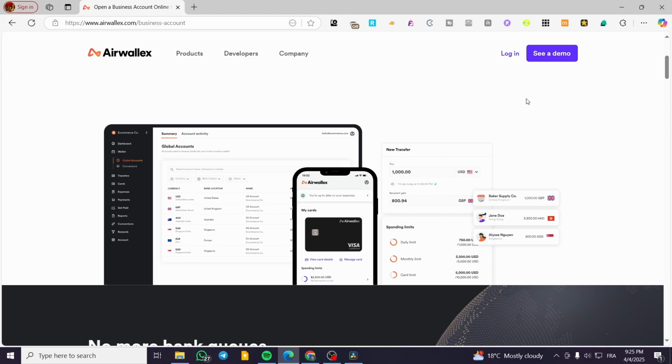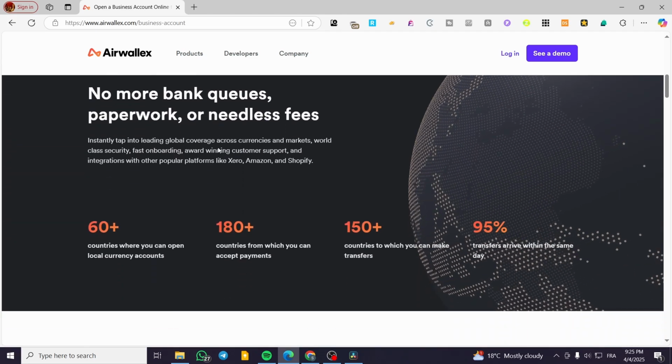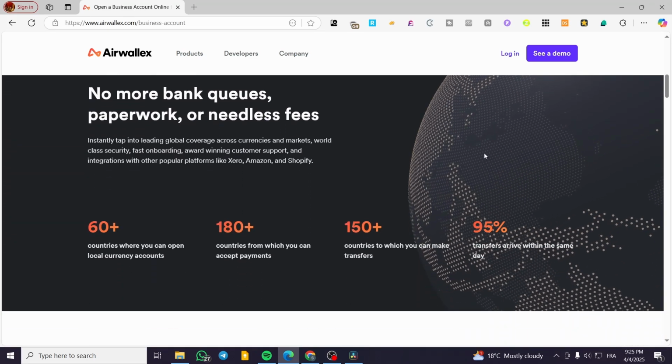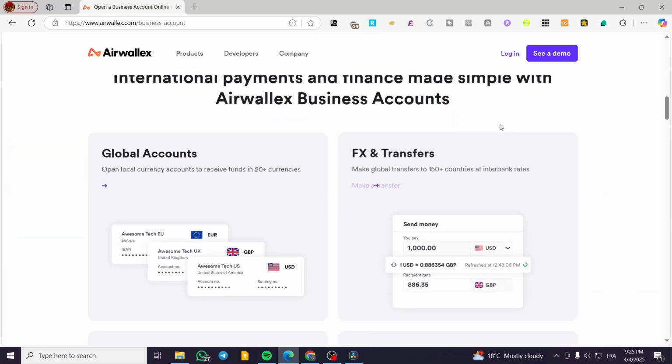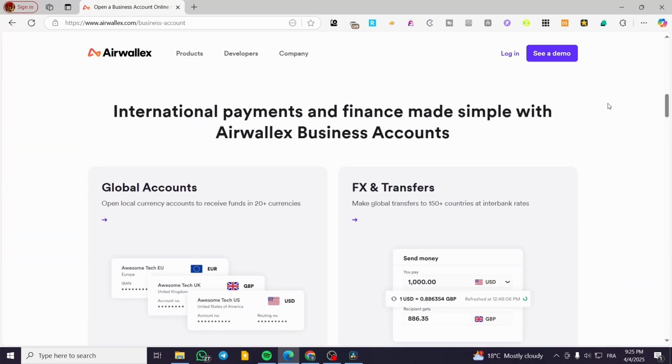Also, they have strong security and regulation compliance, so you do not need to worry about hacking or fraud of the accounts or false invoices that you might receive from unsecured wallets or accounts on the web.